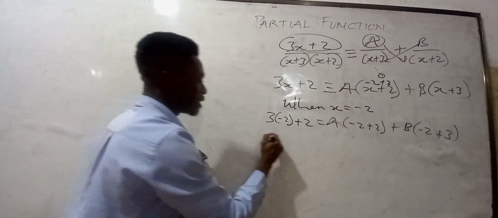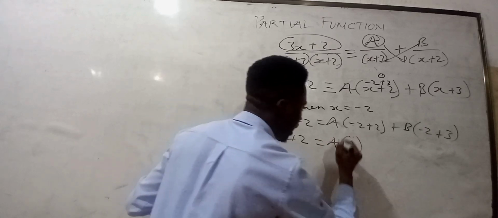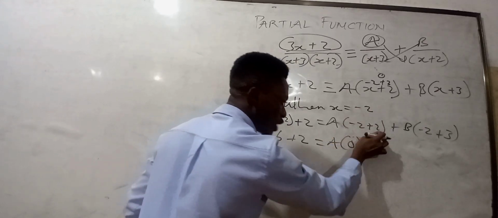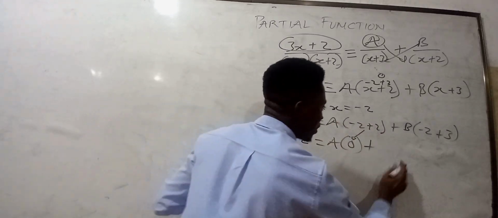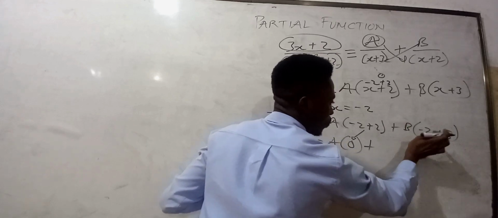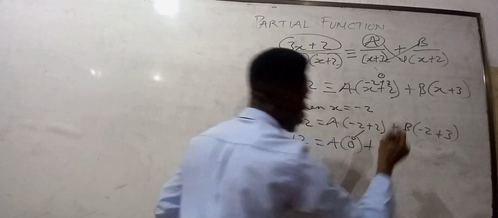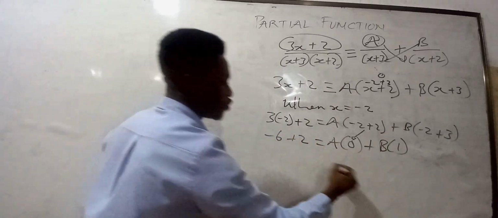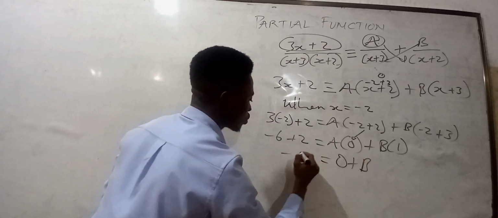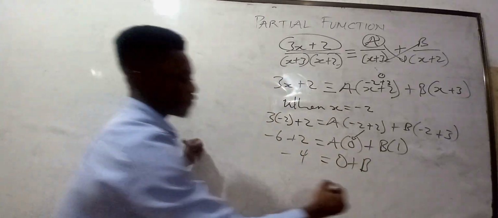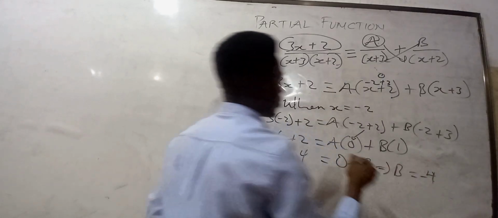So here we get -6 plus 2 being equal to A multiplying 0, because -2 plus 2 gives you 0. So here becomes B into bracket -2 plus 3, which gives you 1. So B times 1 gives you B. So here we get 0 plus B is equal to -4. Therefore we can say that our B is equal to -4.